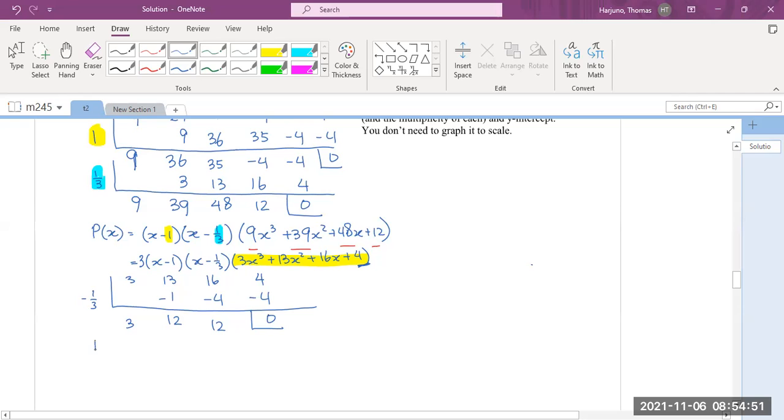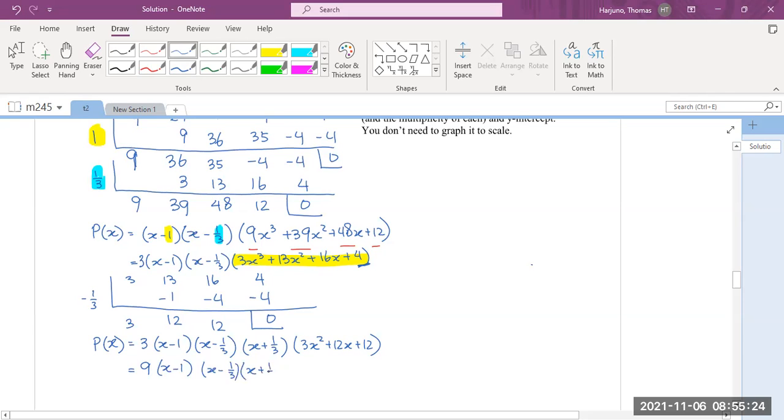So at this point, we have P(x) equal to 3 times (x minus 1)(x minus 1/3)(x plus 1/3) times (3x squared plus 12x plus 12). I can factor another 3 out, so multiplying by 3 this gives 9.